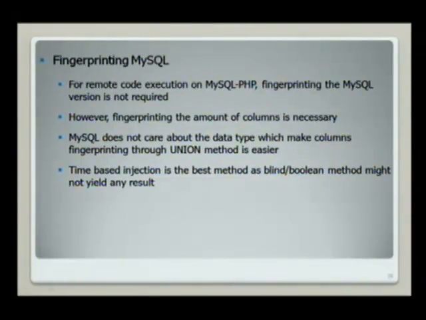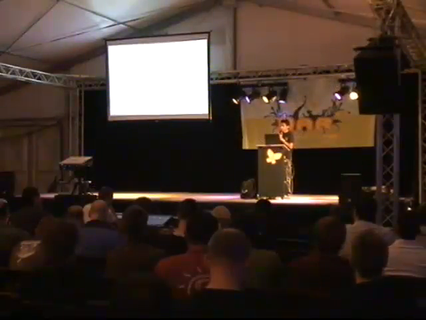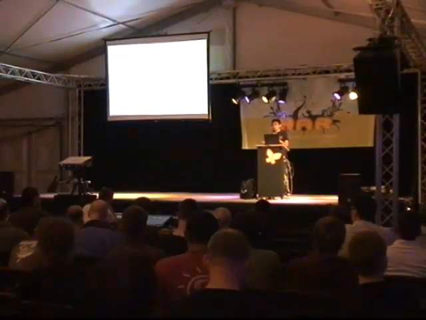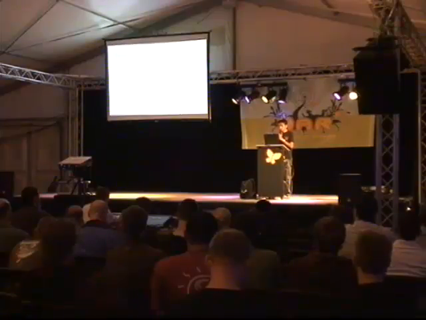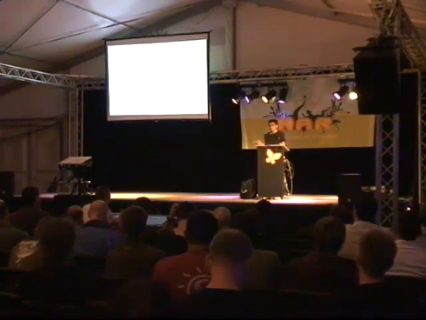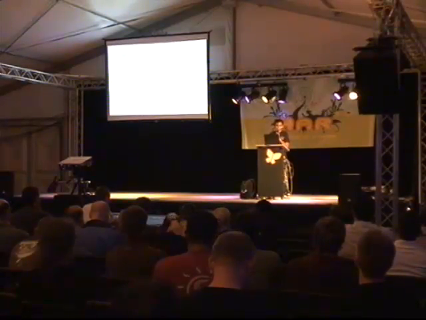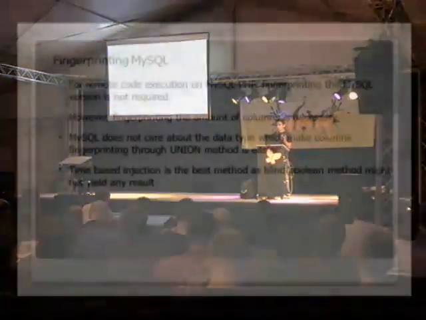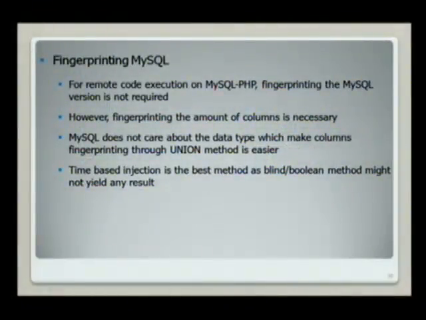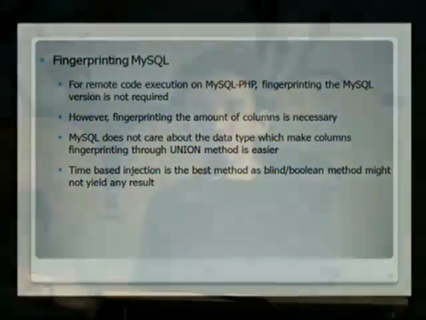However, when you want to attack MySQL with PHP, you need to know the number of columns required in your second query, because basically you are only tied to using union select. In a union select, your second query should have the same number of columns as the first query. But the cool thing about MySQL is that it doesn't care about data type. So it doesn't matter what data type you have on the columns of the first query, because if you use a different data type in the second query, you'll still be able to fingerprint it.